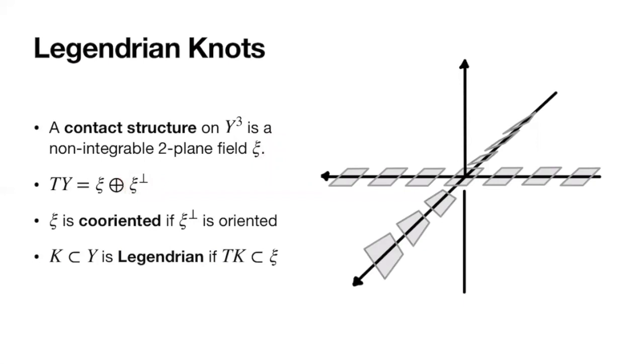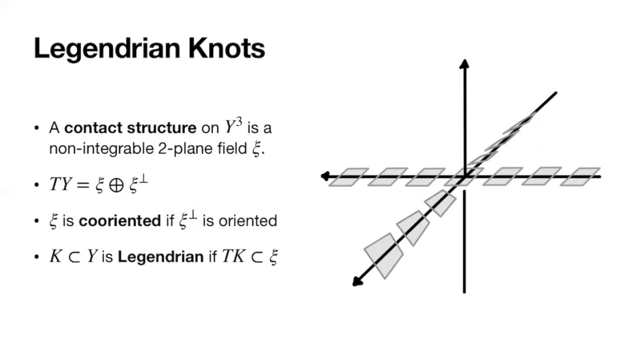We say that our contact structure is co-oriented if this orthogonal line bundle is oriented. For the duration of the talk, I'm just going to assume that all of my contact structures are co-oriented. I won't say that again, but that assumption is there for the remainder of the talk.